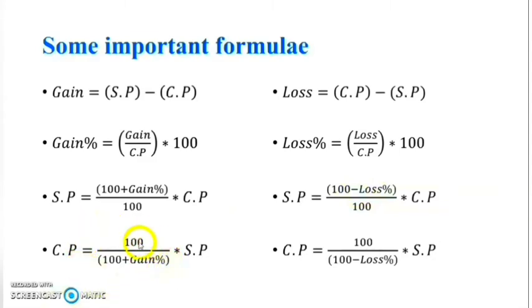And the last formula is just a rearrangement of this formula, which is CP equal to 100 upon 100 plus gain percent into SP, and in terms of loss, it is CP equal to 100 upon 100 minus loss percentage into SP. Let us solve some problems using these formulas.